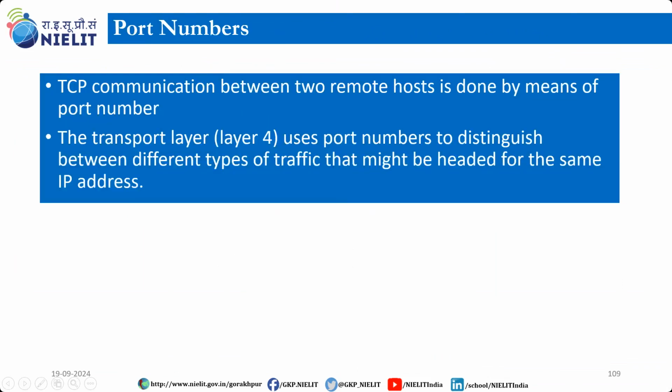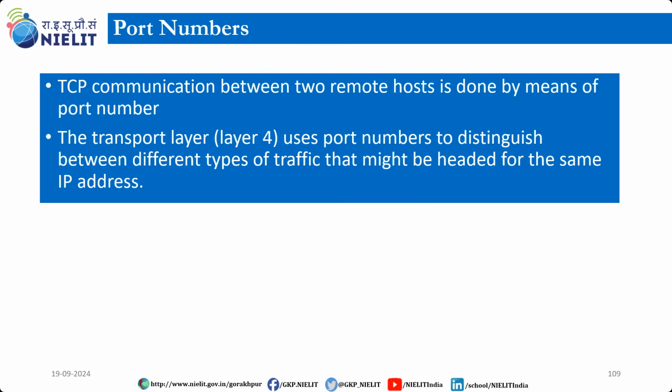Now coming to the most important one: addressing, the service access point. This service access point is the port number of the transport layer. Both TCP and UDP protocols use port numbers. TCP communicates between two remote hosts by means of port numbers. It means if I am connected to any website, my local port is actually communicating to a remote port.